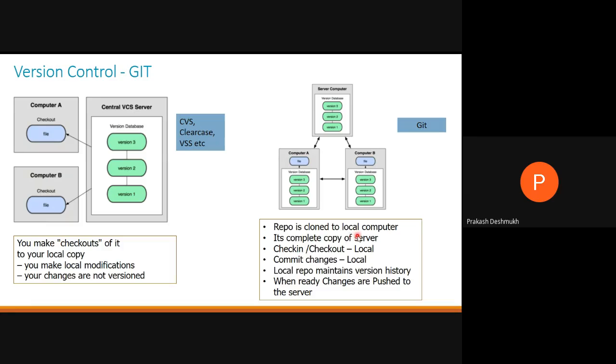So repo is cloned on local computer, and it comes as a complete copy on your local machine. Then you modify the code by check in, check out, committing changes, and the local repository maintains the version history, and when it's ready, it pushes the changes to the server computer. So that is the difference between Git and other tools.